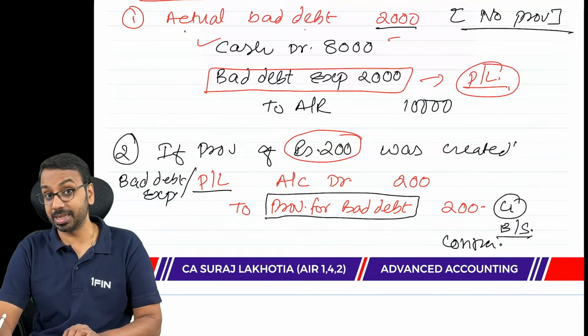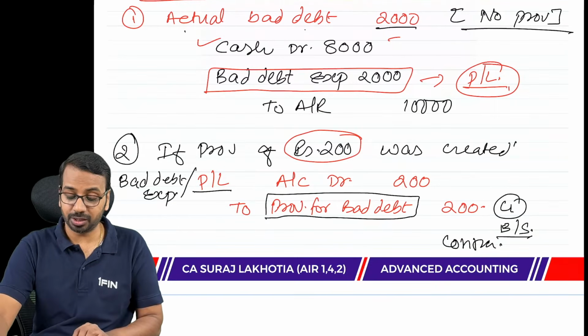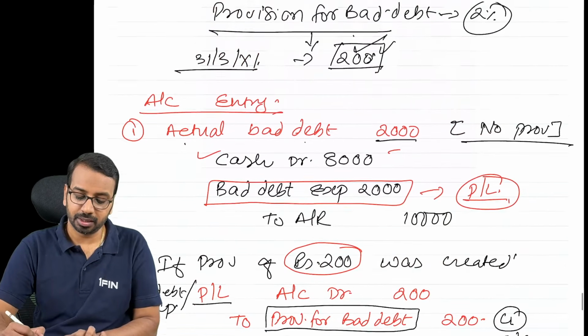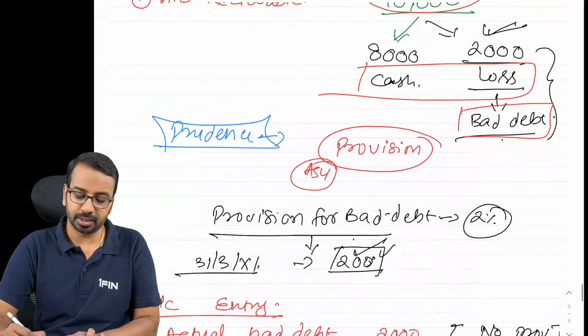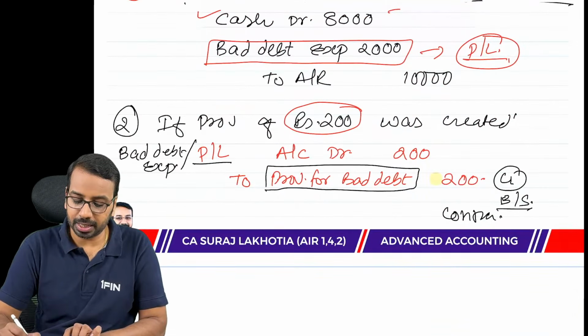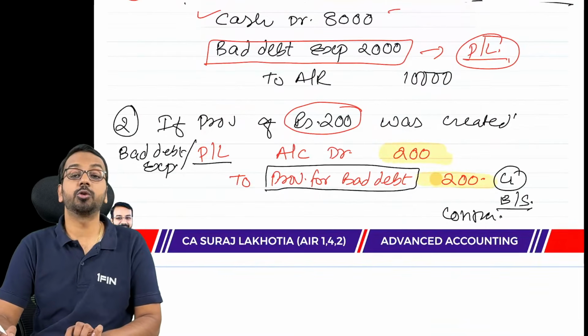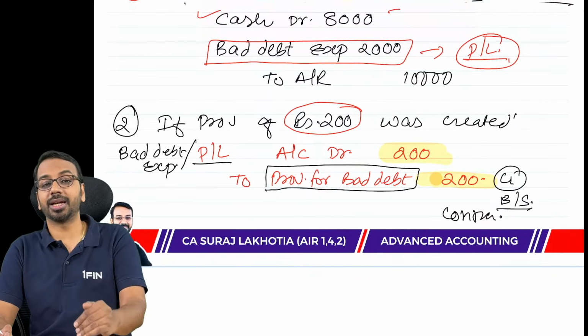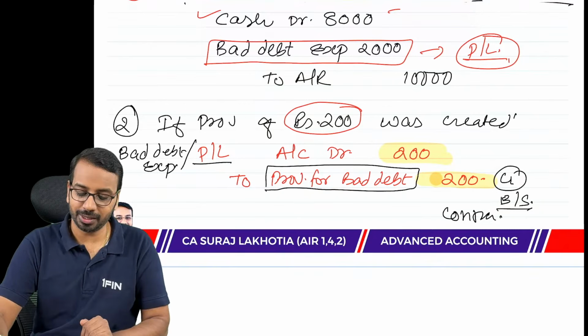So sir, how will we present this in the balance sheet? In the balance sheet, we will take 10,000 of my debtor, and I'll say we expect 200 we will not get. So 200 we will reduce from the debtors in the balance sheet. All right.